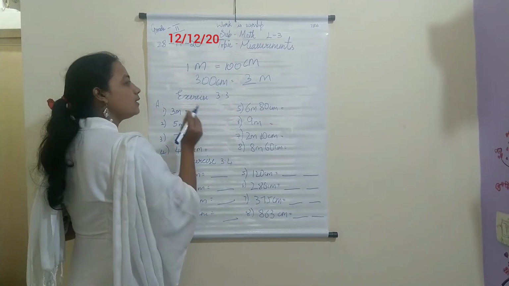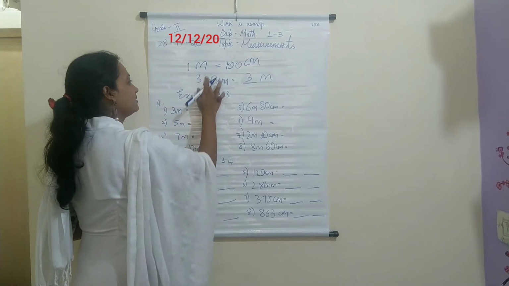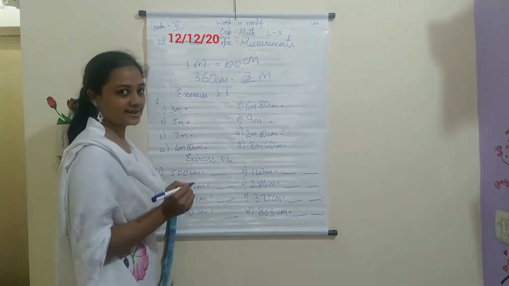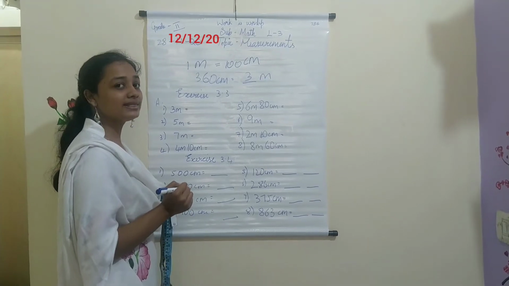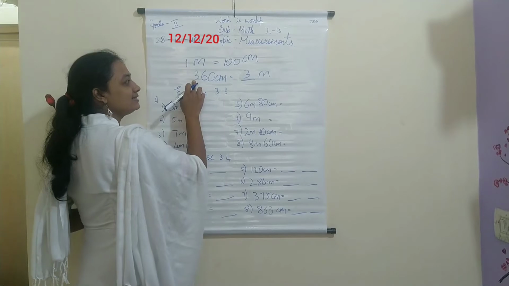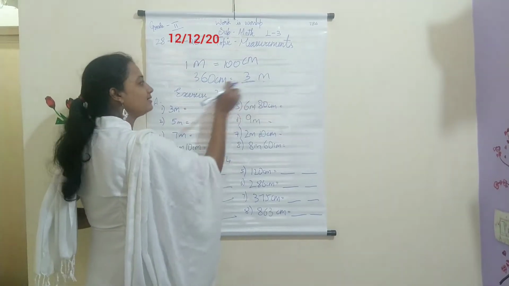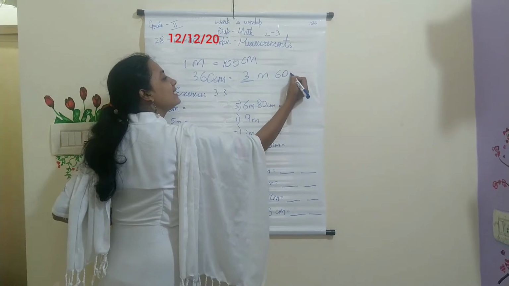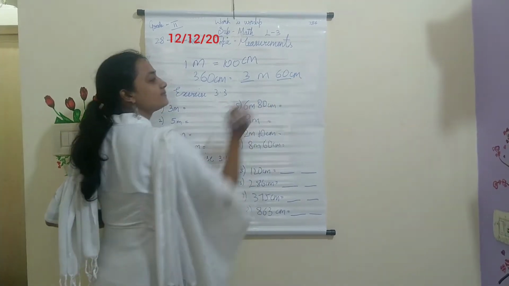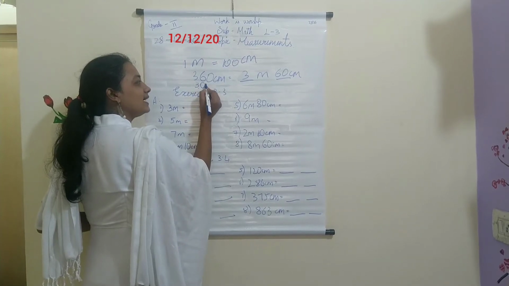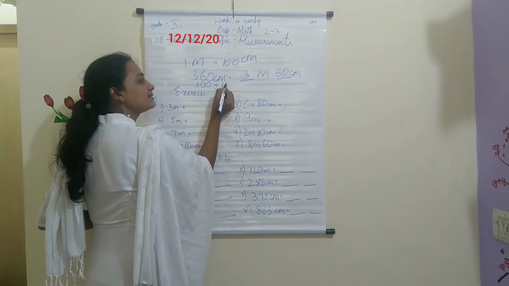Right? Now let's change a little. I have 360 centimeters. Now how will I write this in meters? I will just write 3 meters. The remaining 60, I write as centimeters itself. So this is 300 plus 60.